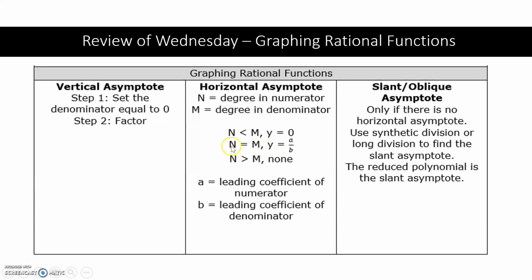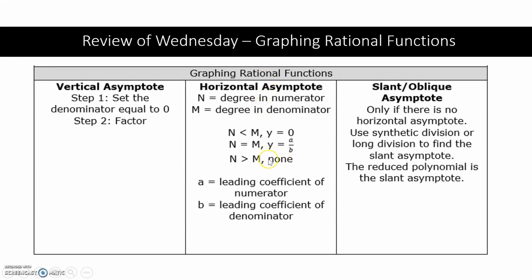If they're the same, so that means the degree of the numerator is the same as the degree of the denominator, we're going to take the leading coefficient of the numerator, which is a, divided by the leading coefficient of the denominator, which is b. And if the degree of the numerator is bigger than the degree of the denominator, then there's none.